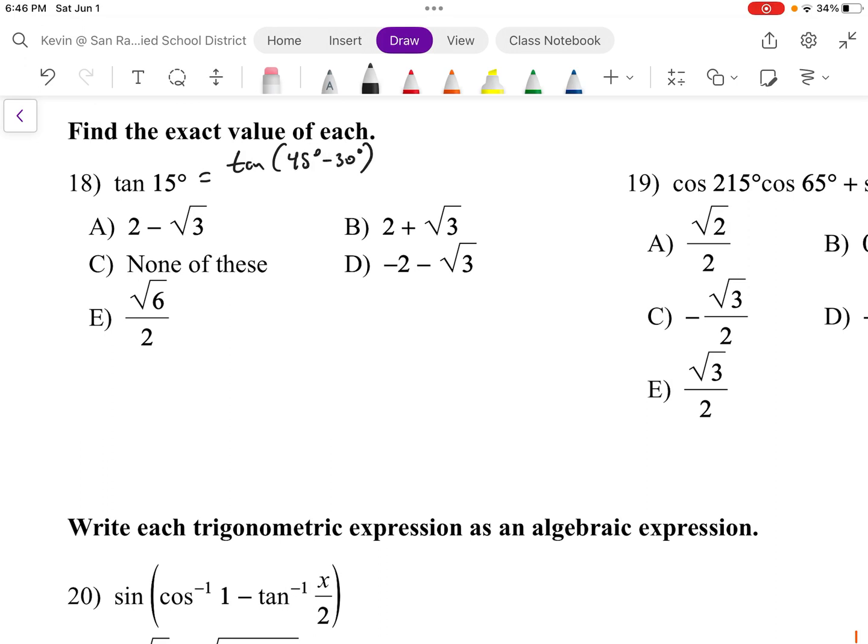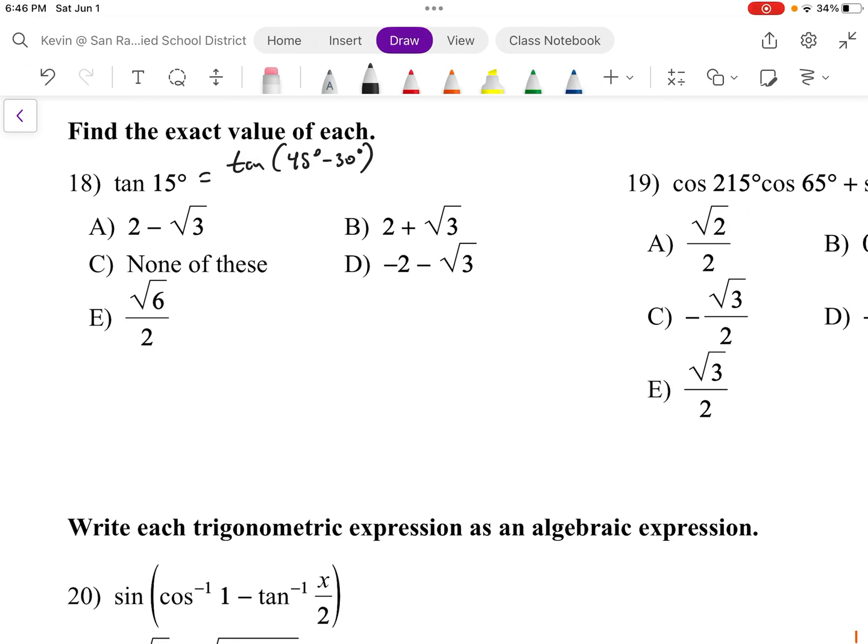And then the formula for that is tangent u minus tangent v over 1 minus tangent u times tangent v. And you have that formula. So let me go through and write it right here.